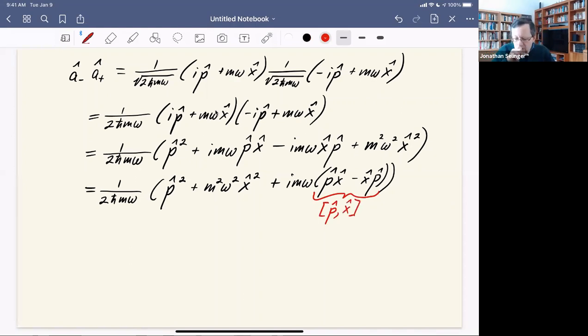It shows just how much they fail to commute, how much it matters what the sequence of those operators is. That is something that we worked out yesterday, and we already derived, I'm just looking at my notes, that this commutator is equal to negative I h bar.